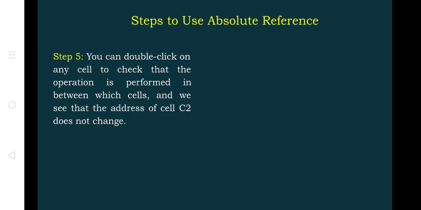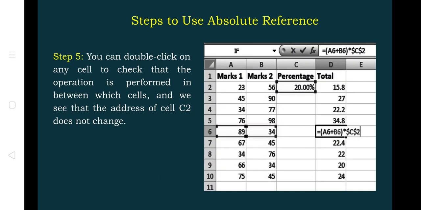You can double click on any cell to check which cells the operation is performed between, and we see that the address of the cell C2 does not change because it is an absolute value. For example, in the 6th row the formula changes to A6 plus B6, but C2 is constant because it is absolute.